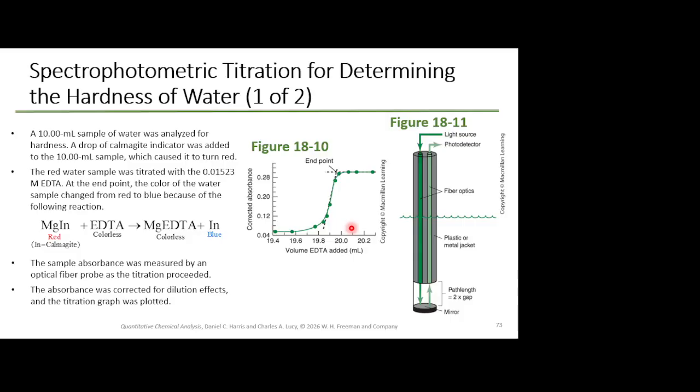You can do an endpoint 2 different ways. One way is to find the topmost point and then go halfway through. The other way is to draw this line and this line, and where these intercept is going to give you your endpoint down here.